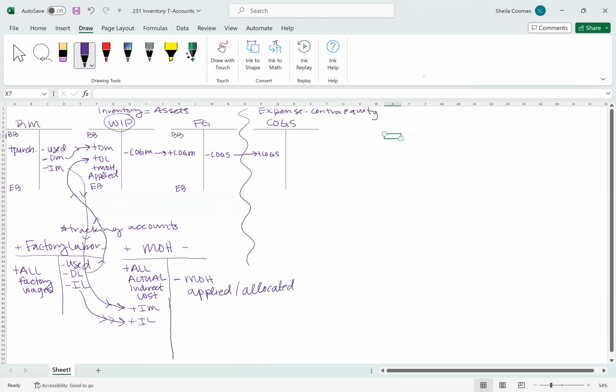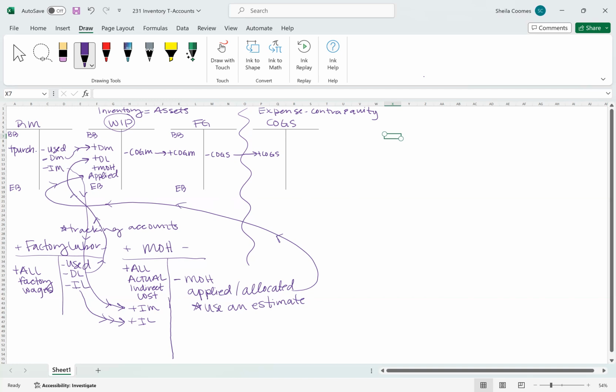Okay. So what that means is we are going to use an estimate, which we'll review further here in the next video. But we're going to use an estimate to apply that to jobs. And it's going to leave manufacturing overhead and it's going to go into work in process.